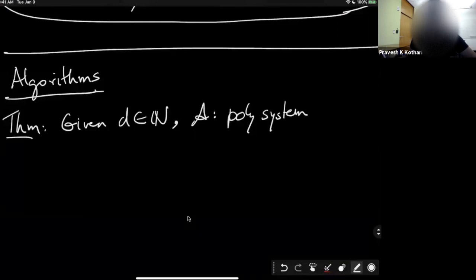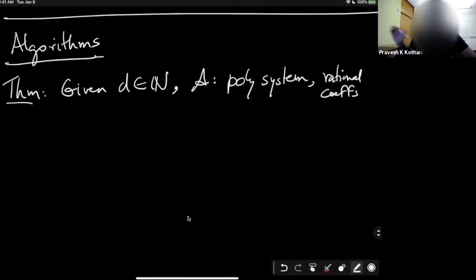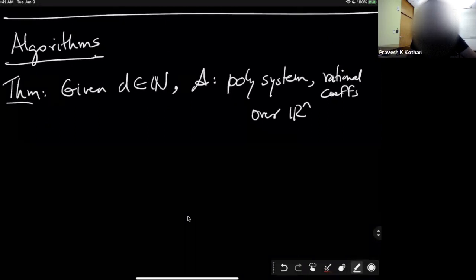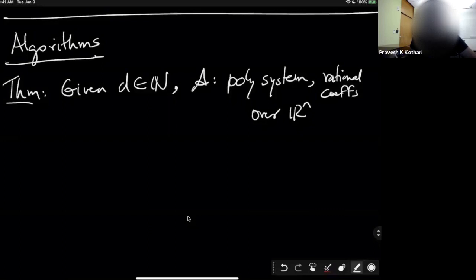Because we're talking about algorithms, we think of the coefficients as rational numbers, and we count the size of the input as the sum of the bit complexities of the polynomials appearing in the input, in the normal monomial representation over R^n. Remember we needed the explicitly bounded condition to write the duality statement, so we need it here too. We assume that A is explicitly bounded.